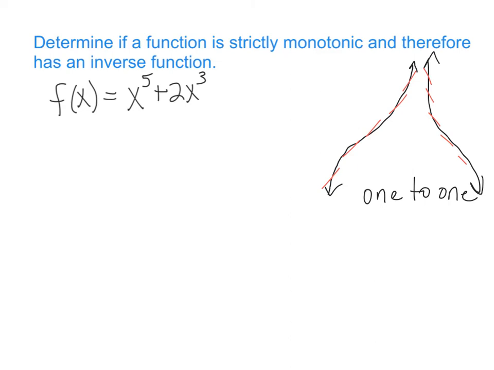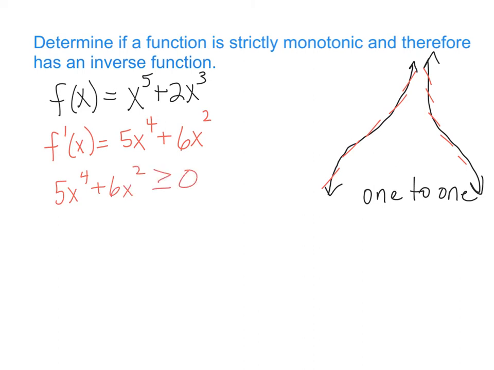So what that means for us is that if we take the derivative of a function and we analyze it for all values of x in its domain, so over the entire domain, no matter what we put in, positive or negative, if we take it to the fourth power, it will always be positive. If we take it to the second power, it will always be positive. So therefore, we find that 5x to the fourth plus 6x squared is always going to be greater than or equal to 0.